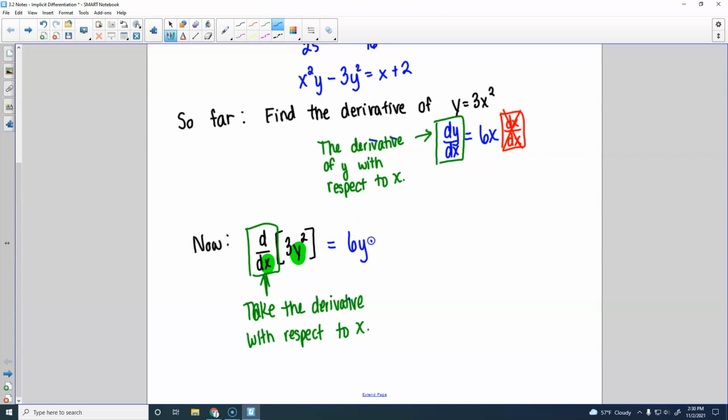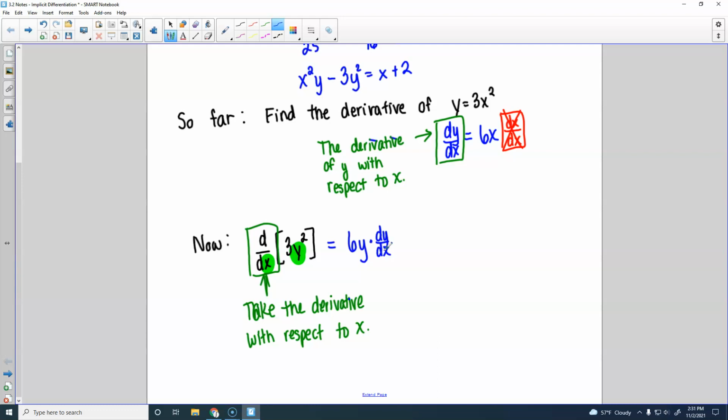But we must multiply it by dy over dx. This is the derivative of y with respect to x that you're multiplying it by. It's technically like a chain rule, because y is not an x. 6y times dy dx, because dy dx has to be there.